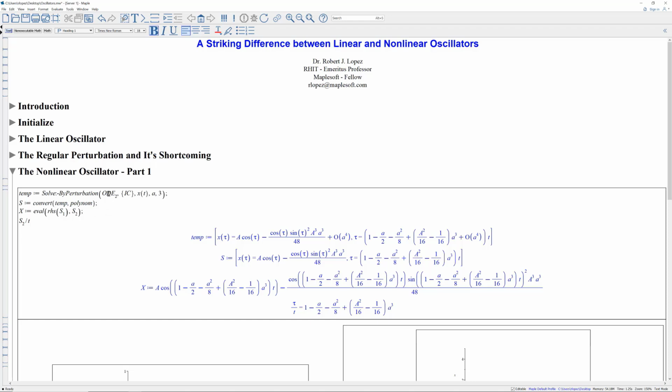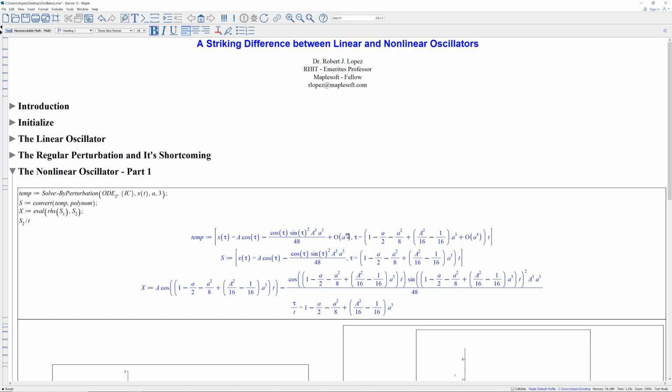You give it the differential equation, the initial conditions, the unknown that you're solving for, the parameter, and the order of the expansion. How many terms are you going to get out of this expansion? This is what you get as a solution to that command.